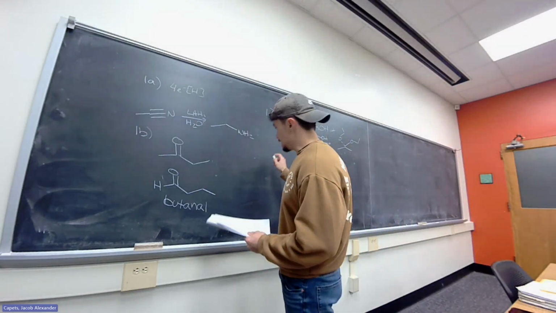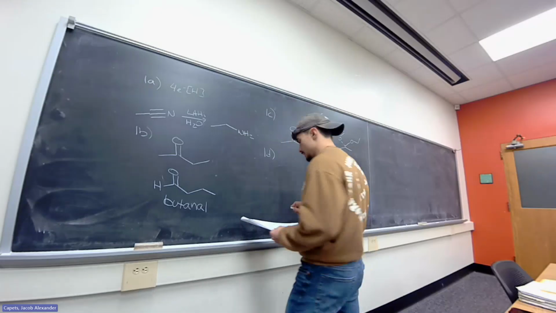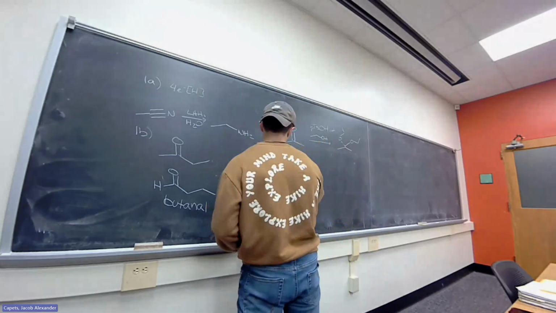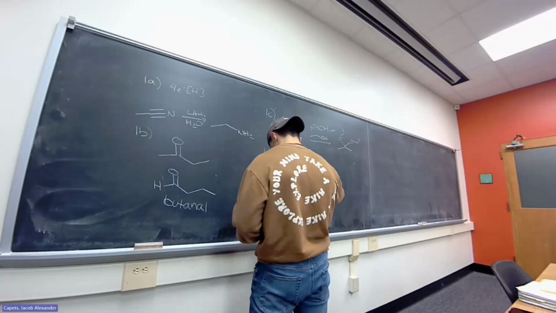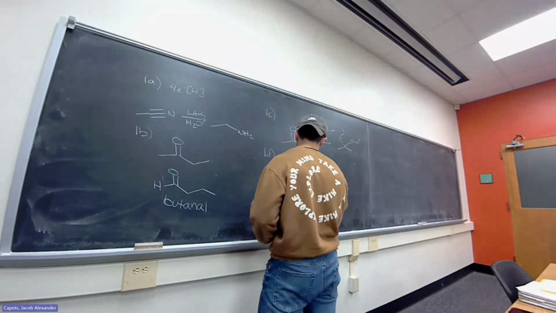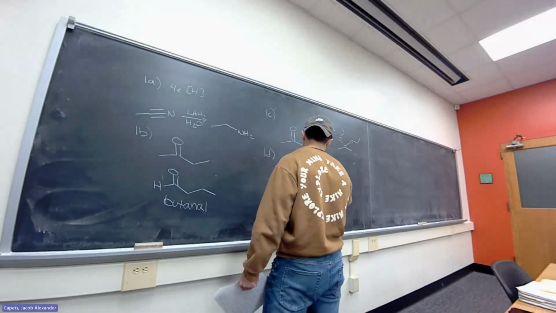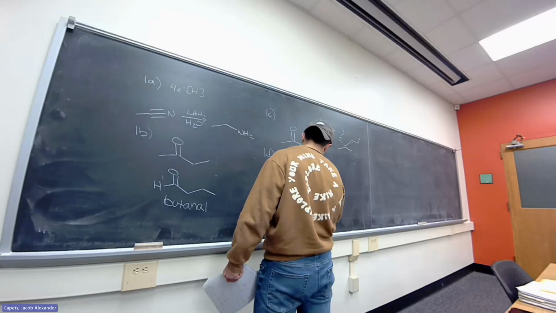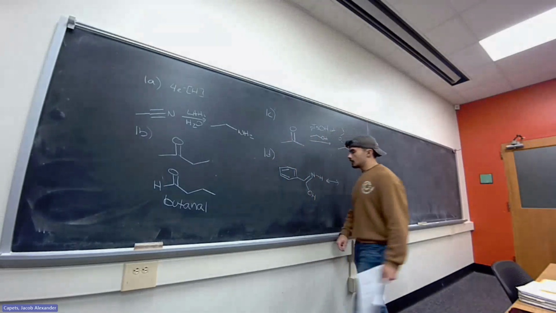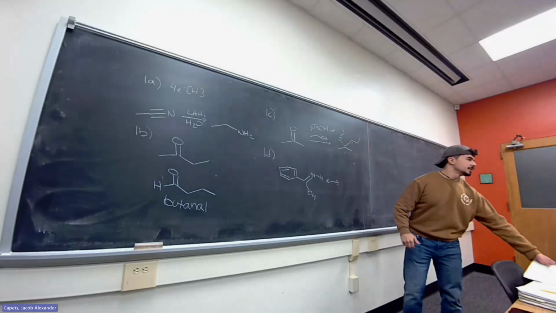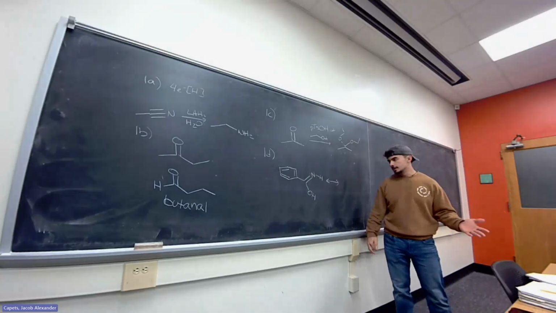1D. This is a tautomerization question. The only difference here is that it has a nitrogen compared to our enols.